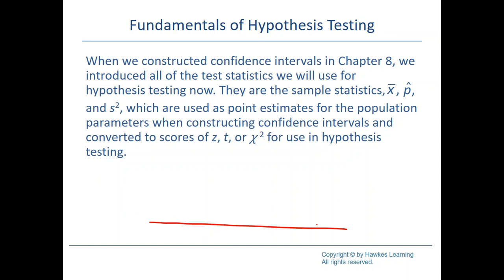Based upon the central limit theorem, we found that there was this area around the mean or the population proportion, okay? We found that there was this area around here.